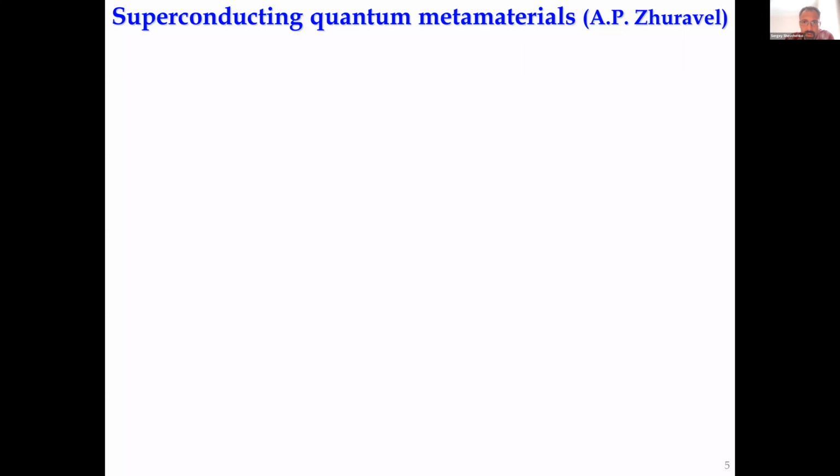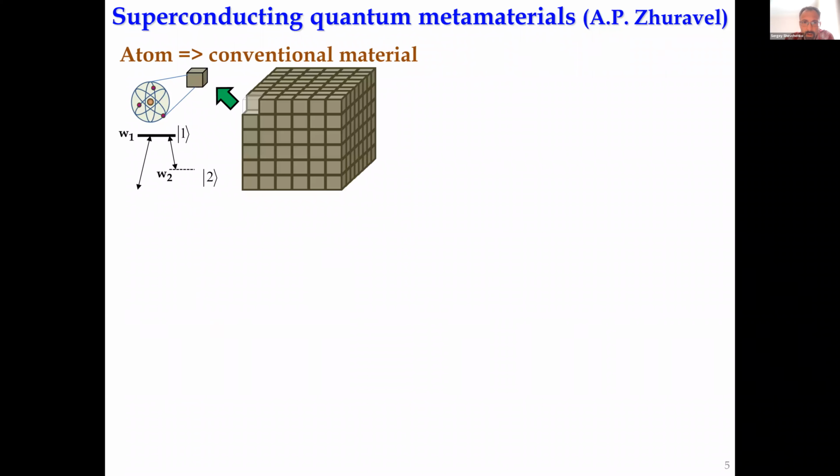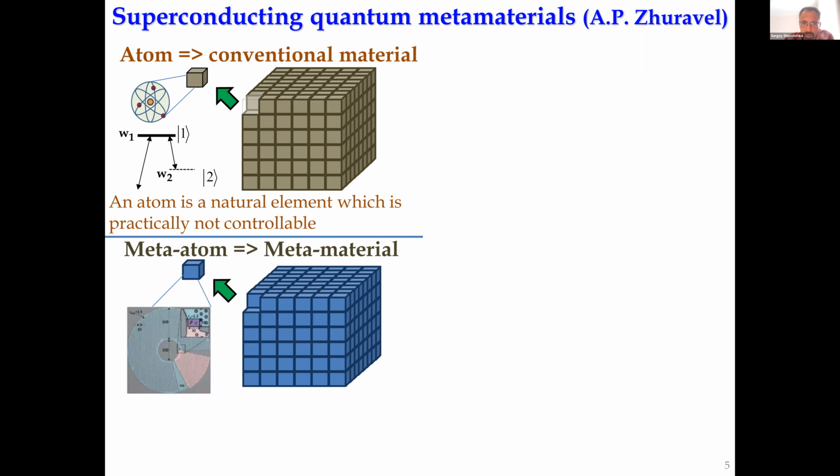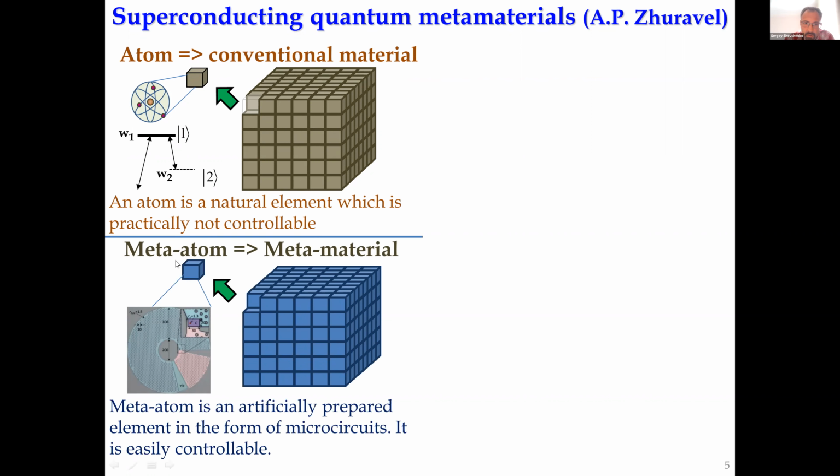Superconducting quantum metamaterials. If atoms make conventional material, then we know that atoms are natural elements which are practically not controllable. In contrast, metamaterial is composed of meta-atoms.